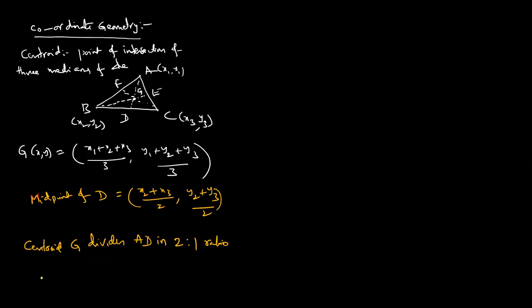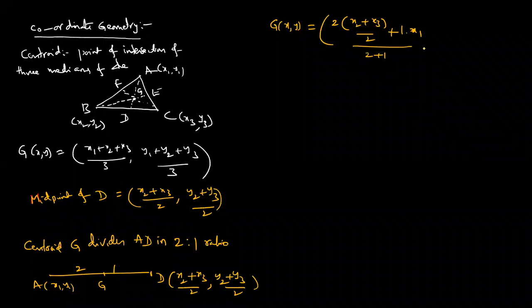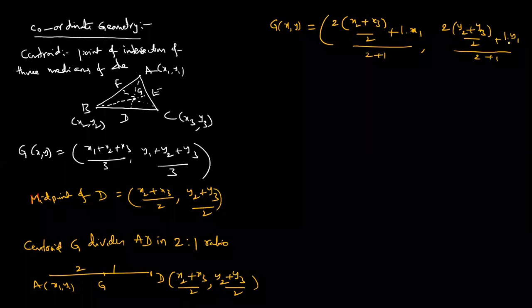Then how to find the formula? A is (x1, y1), D is ((x2 plus x3) by 2, (y2 plus y3) by 2), and the ratio is 2:1. Using the section formula, G of (x, y) is equal to 2 times (x2 plus x3) by 2 plus 1 into x1, whole divided by 2 plus 1, and 2 times (y2 plus y3) by 2 plus 1 times y1, whole divided by 2 plus 1.